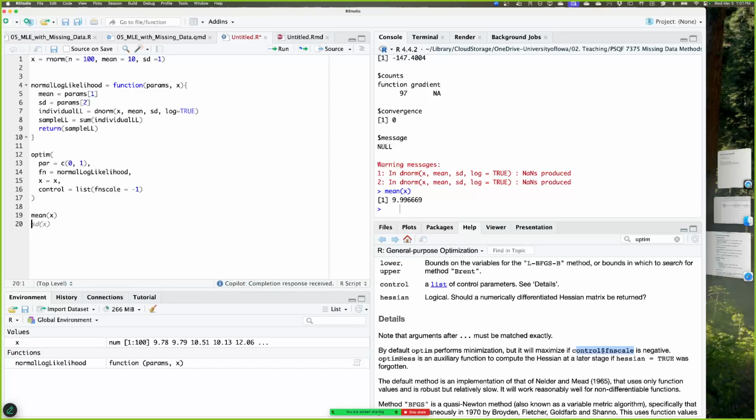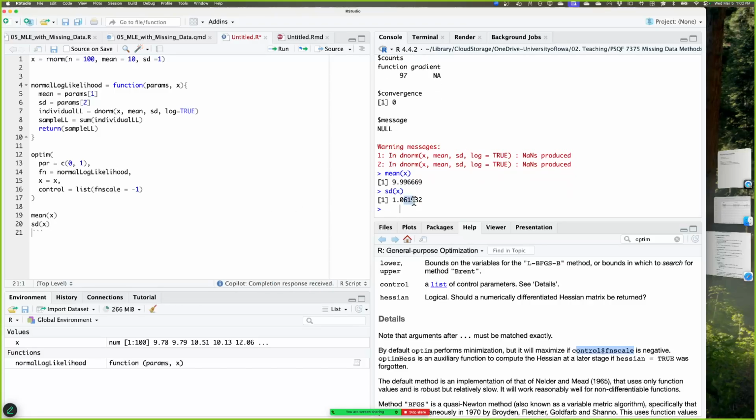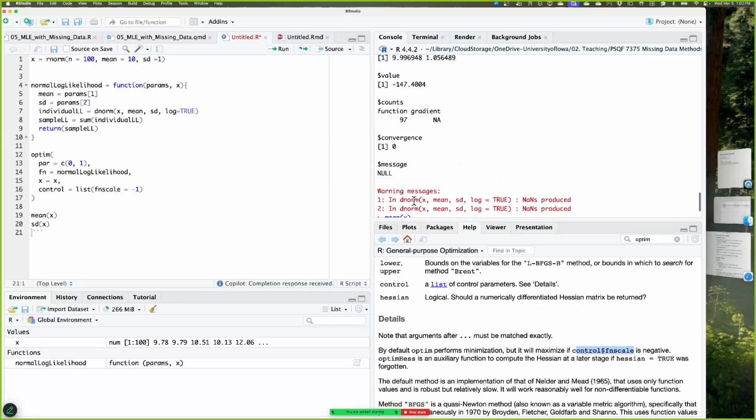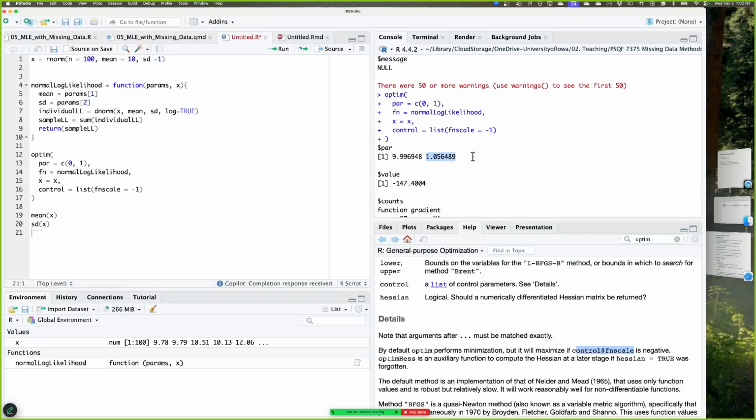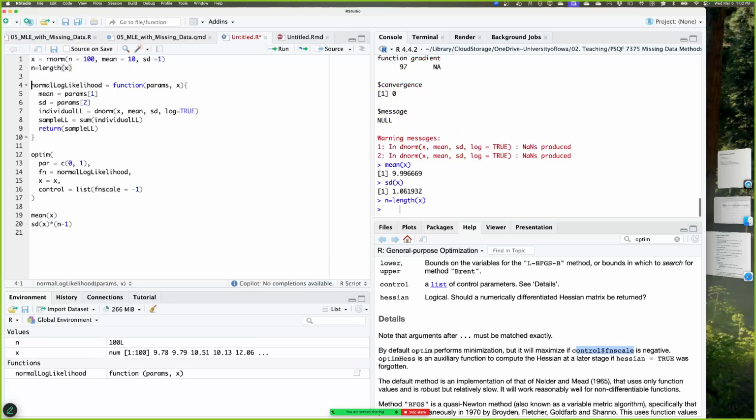And standard deviation of x. Now, we have a little bit of an issue with standard deviation of x. It's 1.06. Why is our sample standard deviation bigger than our MLE? Anybody want to mention why? What if I told you our sample standard deviation uses n minus 1? And MLE uses n.